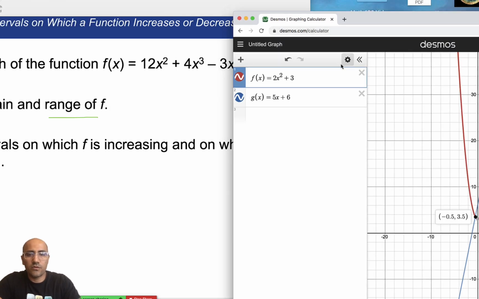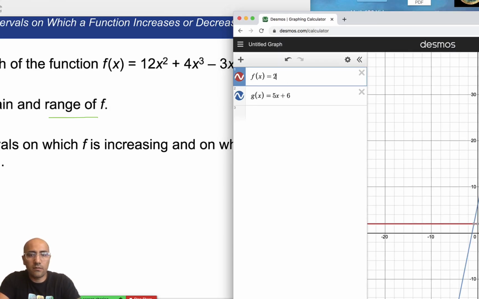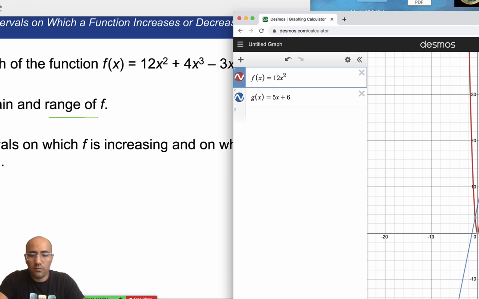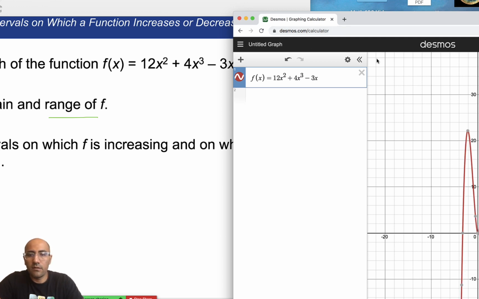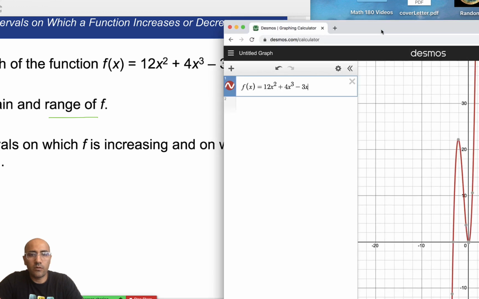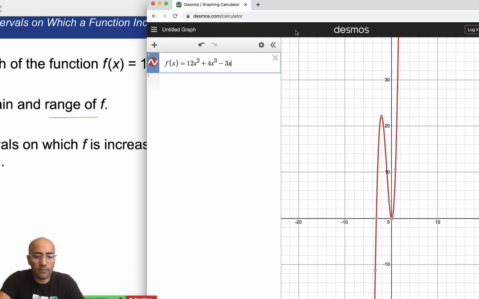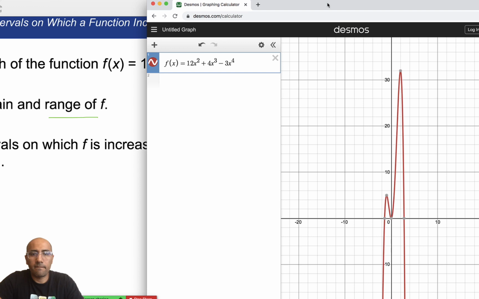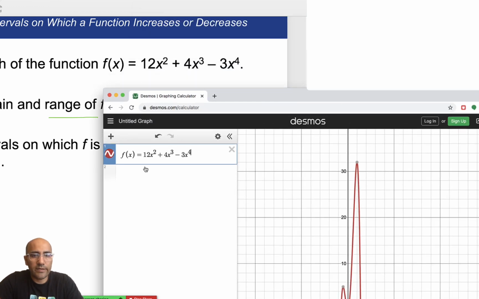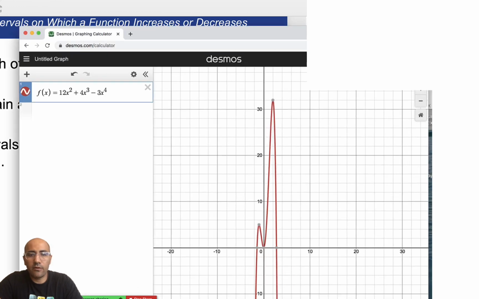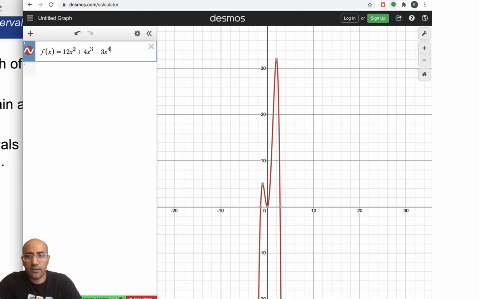This is going to be 12x to the power of 2 plus 4x to the power of 3 minus 3x to the 4th power. I typed in the correct answer, 12x squared plus 4x to the 3rd power minus 3x to the 4th power. So this is what the graph looks like.